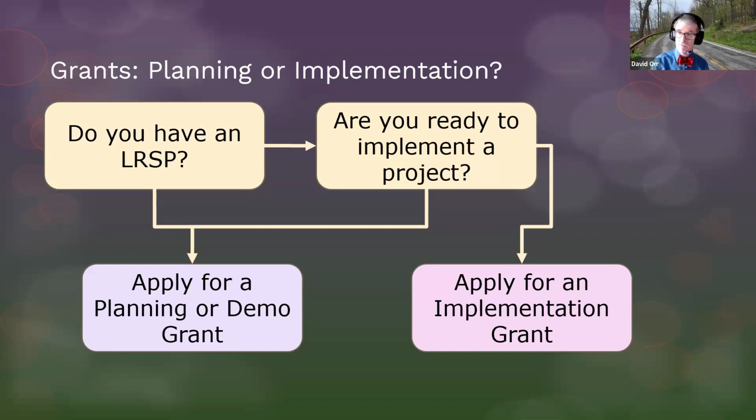And if you've got a local road safety plan, but you really haven't got to the level of implementation of projects, you could do a demonstration grant to try something out. And there are monies there to try out Safety Edge, to try out some small project that you are not quite sure about. You know, put rumble strips in a spot area to see how they work before you implement them systemically or systematically. Okay?